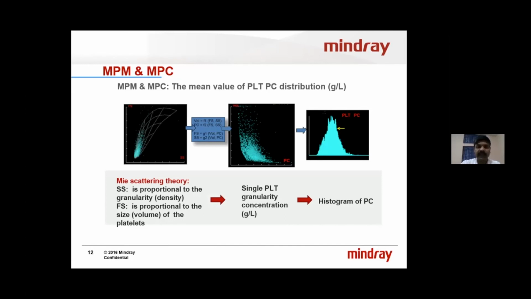The instrument will be able to measure the granularity of each platelet, and it will plot a histogram with the numbers on the y-axis and the granularity on the x-axis. Based on this histogram, the instrument will be able to give you the MPC. The MPM will be directly measured from the scatter plot.